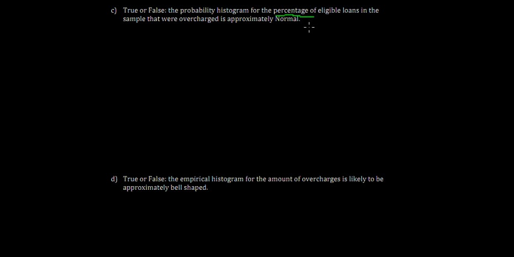Now remember, we can think of the percentage as coming from a 0-1 box, right? Because the percentage is the sum divided by 300. This sum is sums from a 0-1 box, which means, by our central limit theorem, that that's approximately normal.